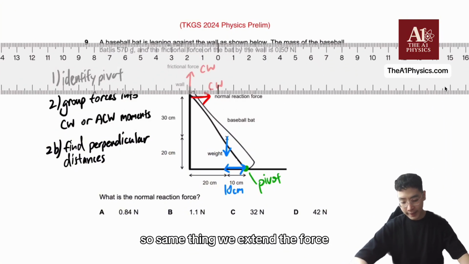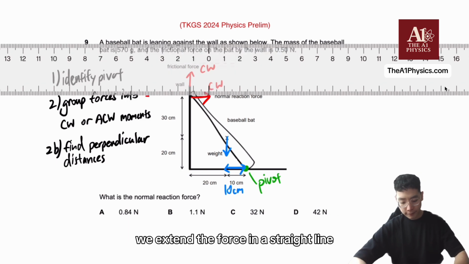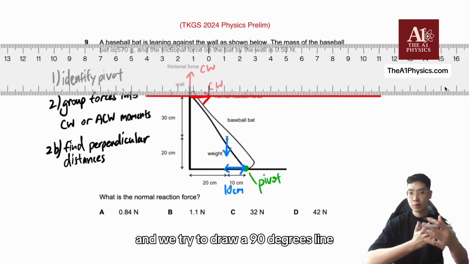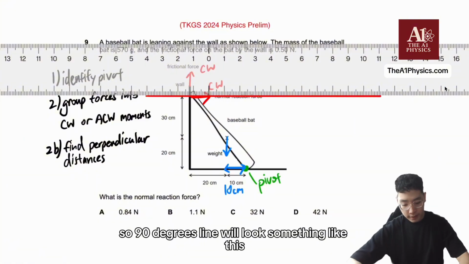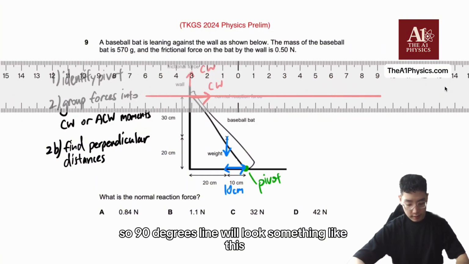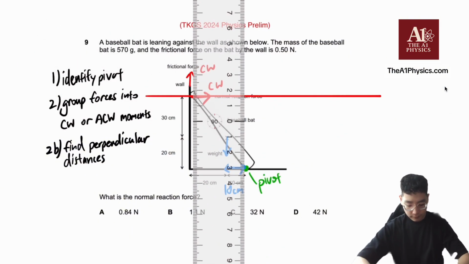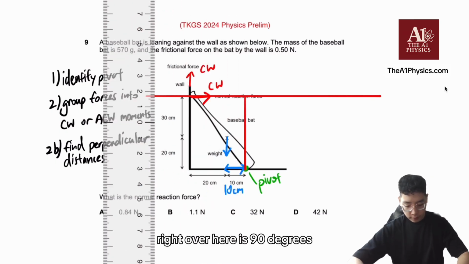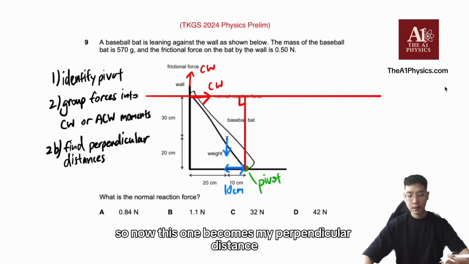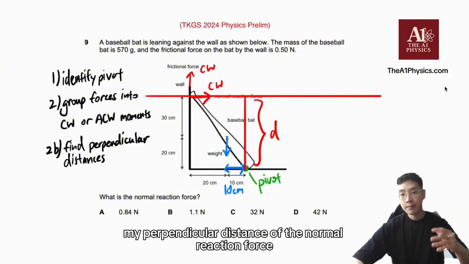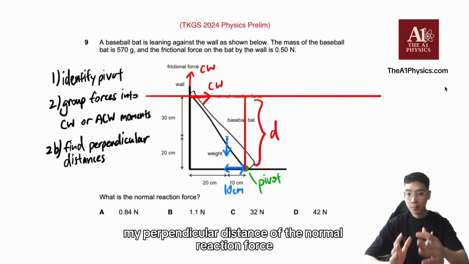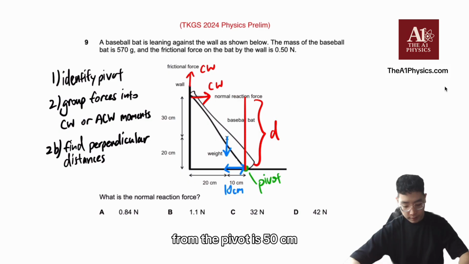So same thing, we extend the force in a straight line, and we try to draw a 90 degrees line from this line to the pivot. So a 90 degrees line will look something like this. Over here is 90 degrees. So now, this one becomes my perpendicular distance. My perpendicular distance of the normal reaction force from the pivot is 50 cm.